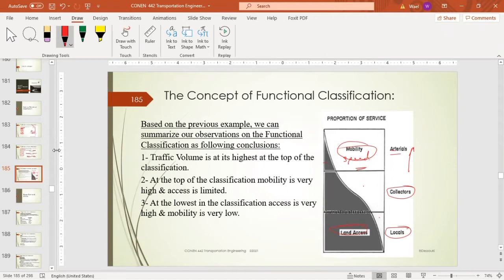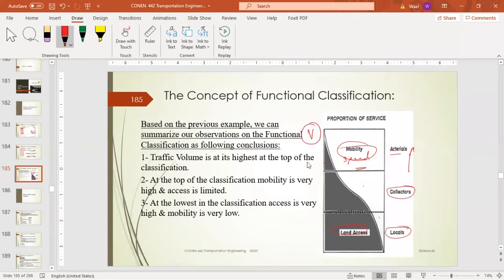And also the functional classification plays a major role in the geometric design of the highway. So here, based on the previous example, the following conclusion: traffic volume is at its highest at the top of the classification, okay?